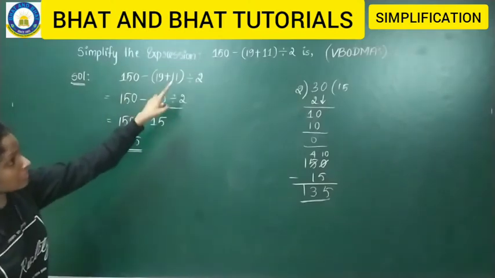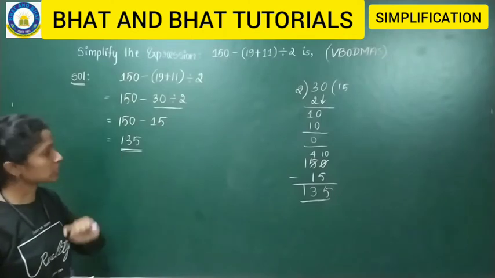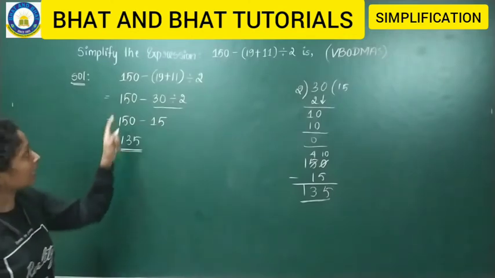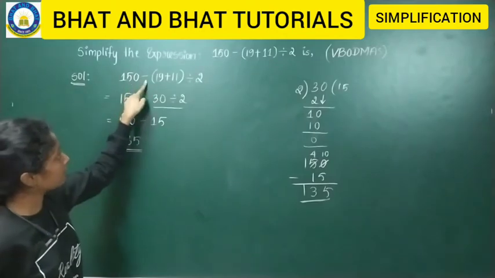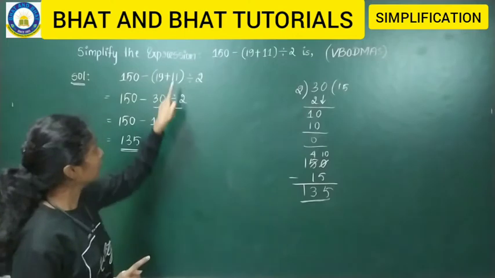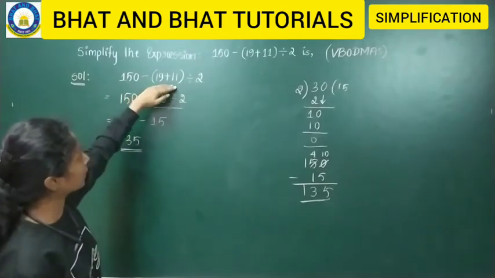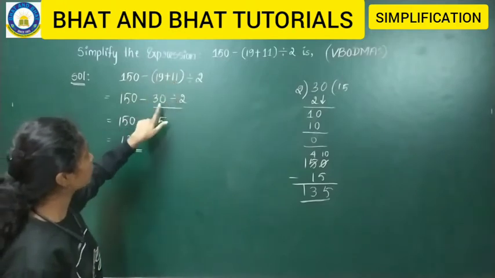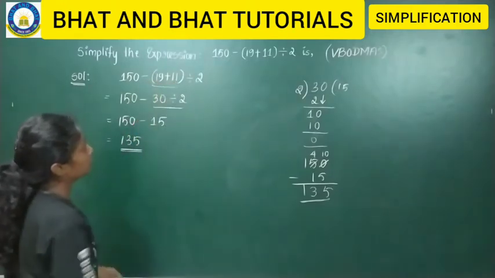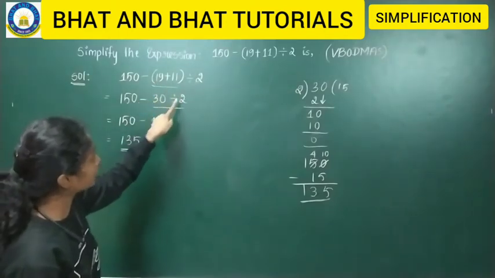So when you simplify this particular equation, you get the answer 135. Again, I'll explain, you can listen. The expression is 150 minus, 19 plus 11 inside the circle bracket, divided by 2. When I remove the circle bracket, 19 plus 11 gives me 30. This is the first step you will be doing. Which gives me 30 divided by 2.